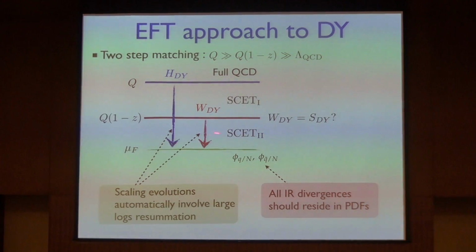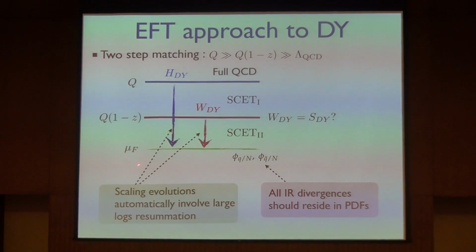Also, if we employ the soft collinear effective theory, we have some benefit. By performing the scale evolution of these two Wilson coefficients to the lower factorization scale, we can automatically resum the large logarithms. Actually, near the endpoint region, we always face large logarithms of 1 minus z.